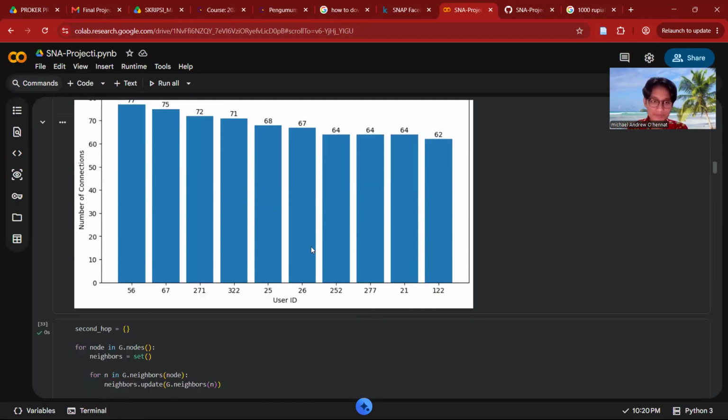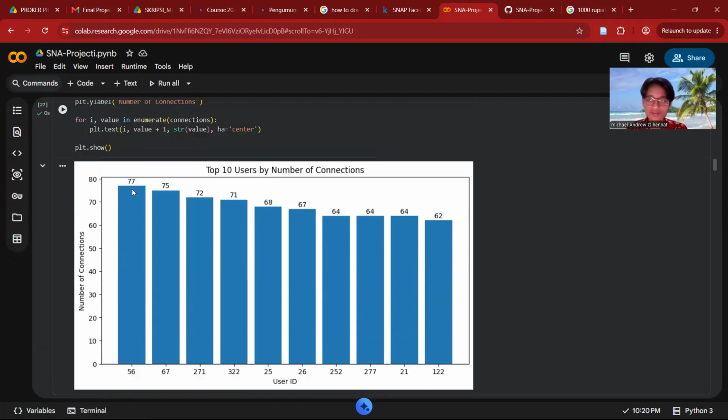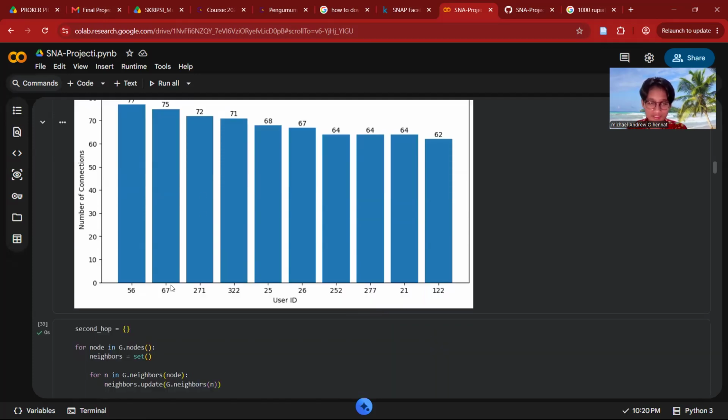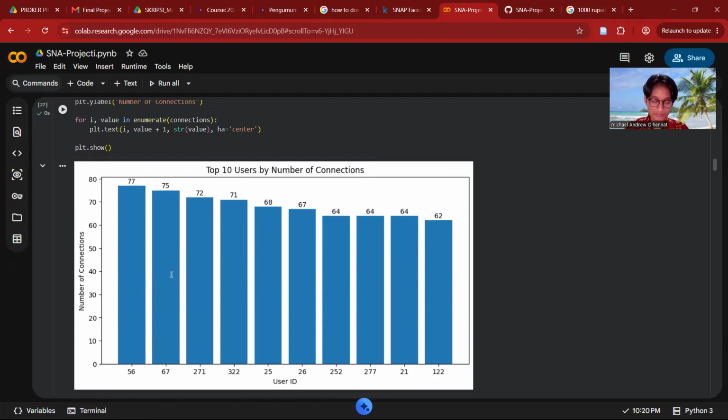For example, user number 56 has 77 connections, and user number 67, I'm sorry, has 75 connections. What does this mean? Connection is, like I said, the edge. It is the connection to different nodes, or we can say just the individuals.